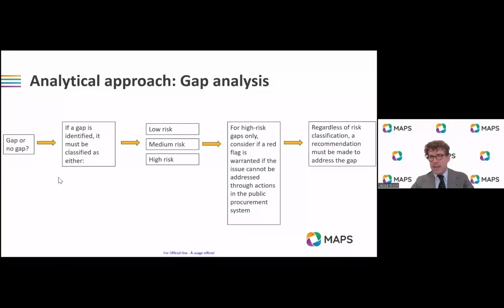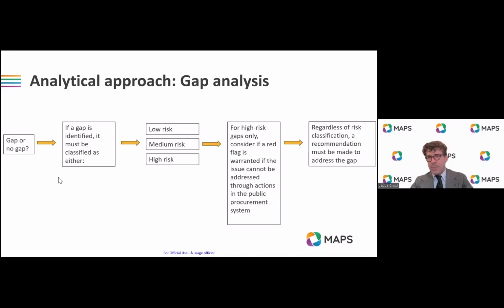First, assessors had to identify whether there was a gap and whether, if there was a gap, this gap was substantive or minor. And then subsequently, for all substantive gaps, assessors had to determine the risk classification for those gaps.